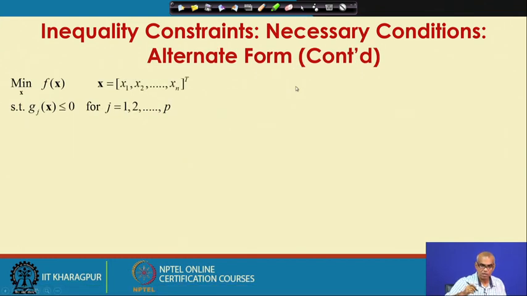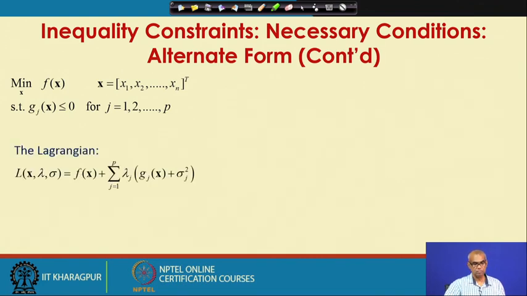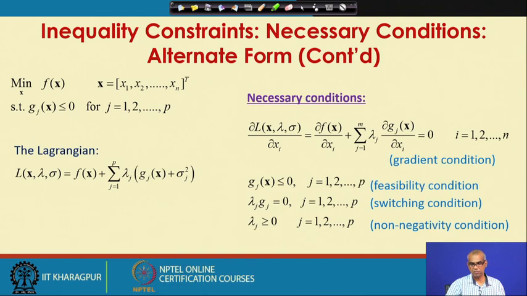So, if I just summarize, the Lagrangian is obtained and the necessary conditions are obtained as the gradient condition, which is the derivative of the Lagrangian with respect to each of the n decision variables, which will be equal to 0. Then the feasibility condition, that means inequality constraints g less or equal to 0.